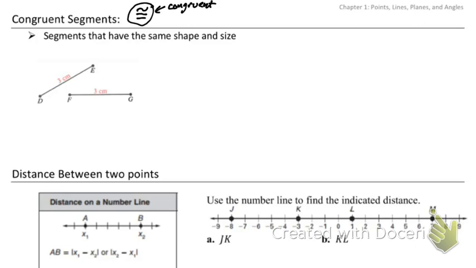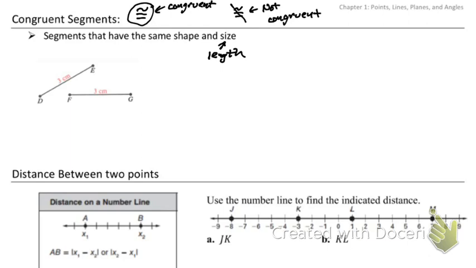Likewise, if you ever see that congruent symbol with a line through it, that means not congruent. All right, now we got the symbol straight. Let's talk about what congruence is. Congruent segments are segments that have the same shape and size. The good thing is every segment is going to already have the same shape. We're just making sure that they have the same size or length.